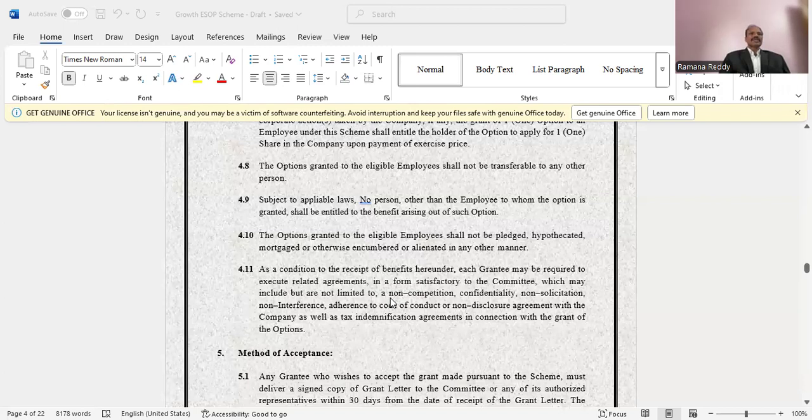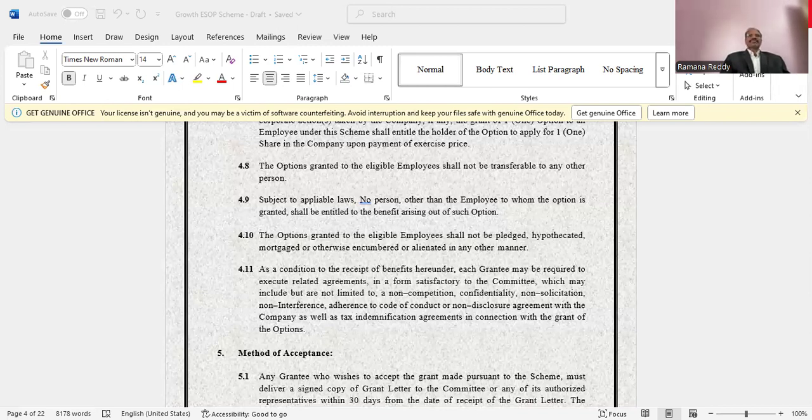As a condition to the receipt of the benefits, each grantee, that is each employee who received this, may be required to execute related agreements in a form satisfactory to the committee, which may include but are not limited to non-competition agreement, confidentiality agreement, non-solicitation, non-interference, adherence to the code of conduct, non-disclosure agreement with the company, as well as tax indemnification agreements in accordance with the grant of options.